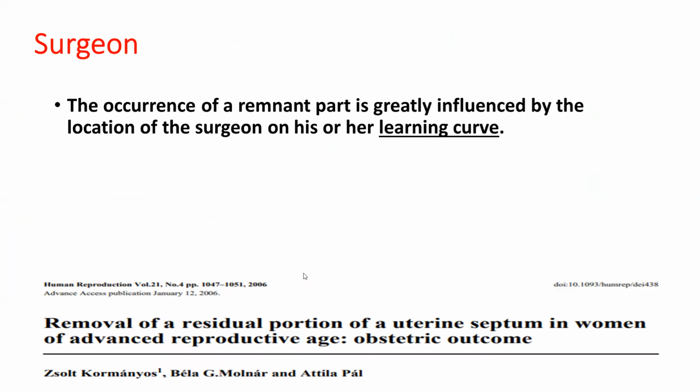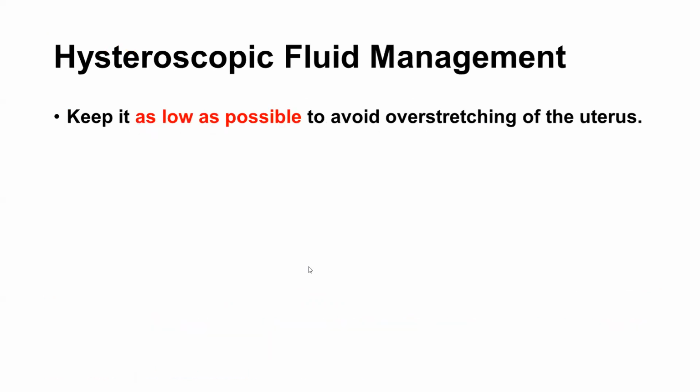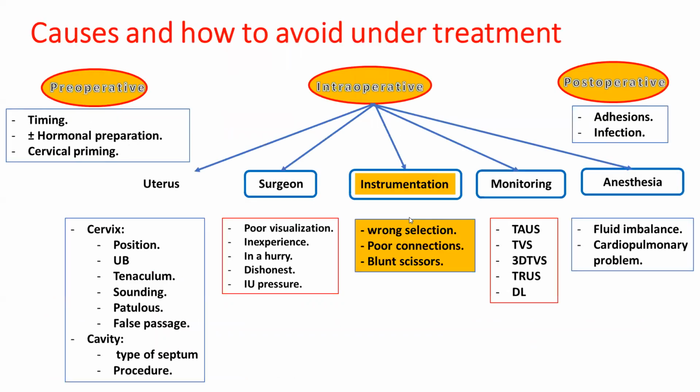So the location of the surgeon on the learning curve is one of the important causes of failure of complete incision of the septum. As I told you, keep the pressure as low as possible to avoid overstretching and missing a part of the septum.